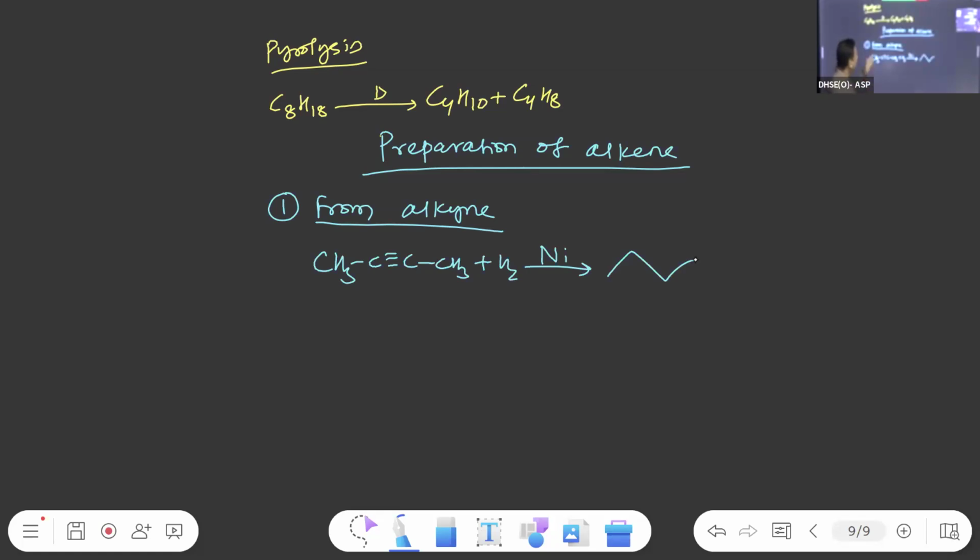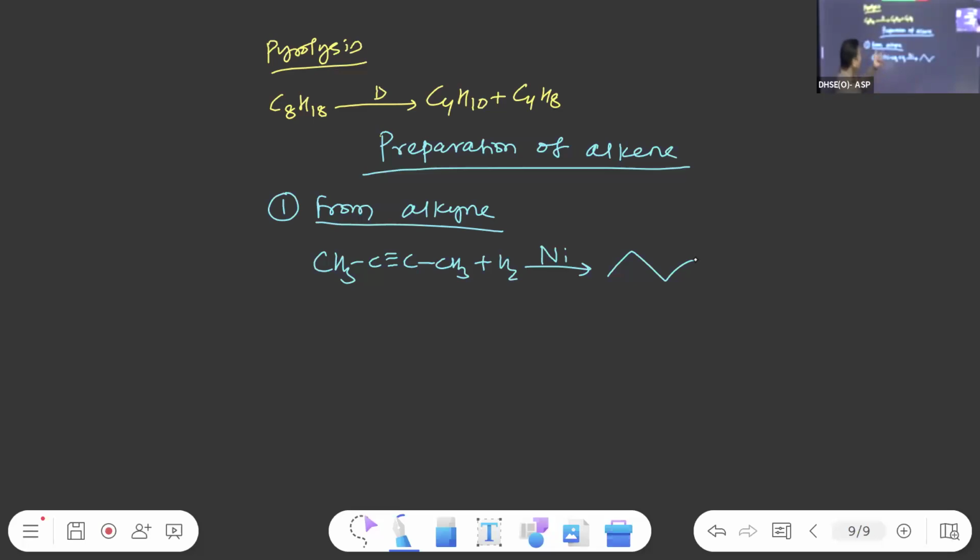So in order to make the reaction stop at the alkene stage, we have to use a different set of reagents or a different catalyst.